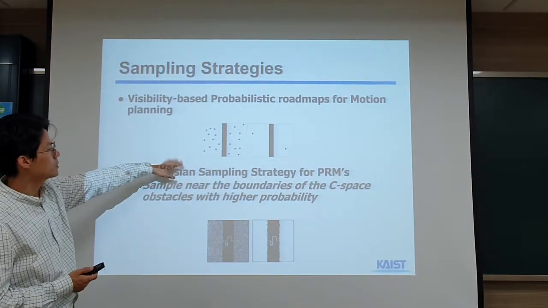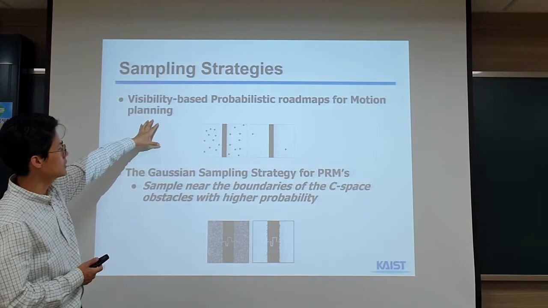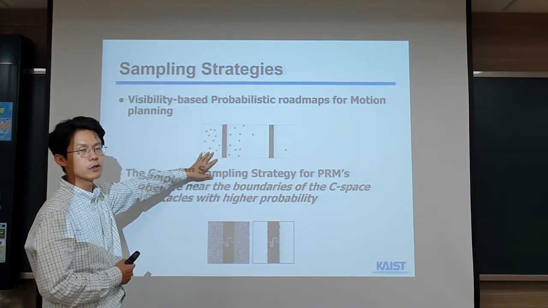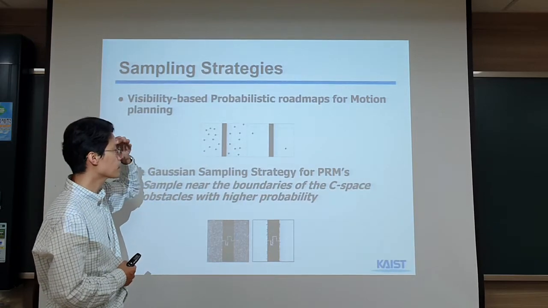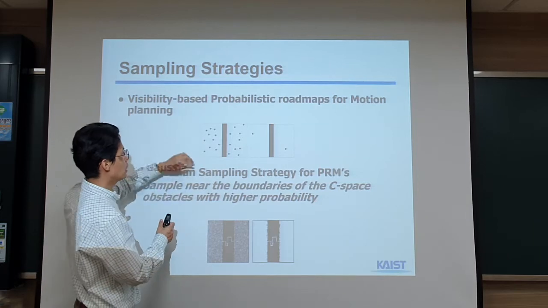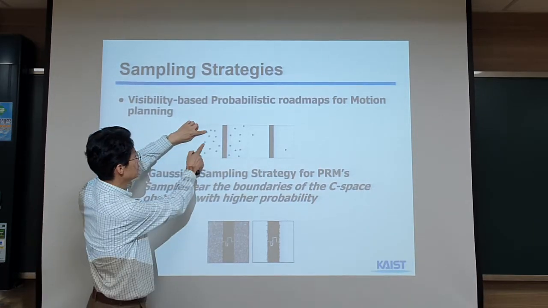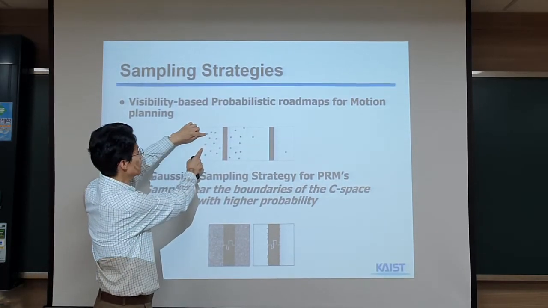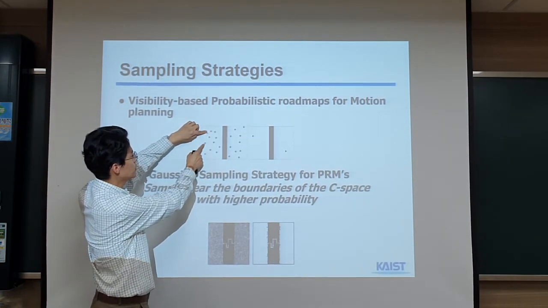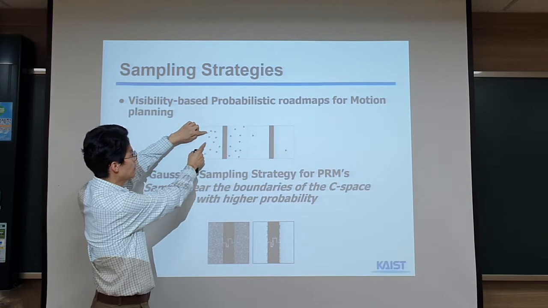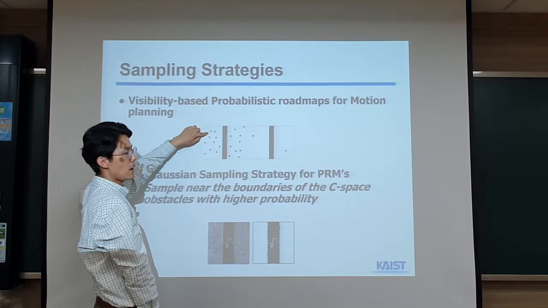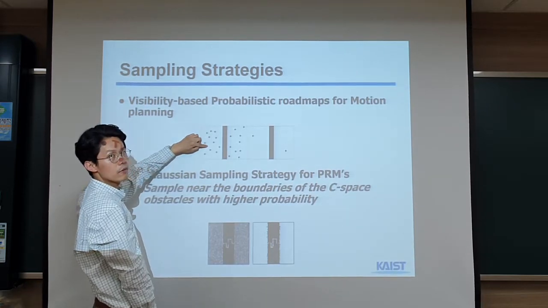In a similar way, for the visibility technique, in this case there is a wide empty area, and if you use uniform sampling, you might need to generate a lot of samples. But if, for example, this sample can see that sample, in other words, if you can see from here to there, it means we can find a path from here to there without any collision, right?